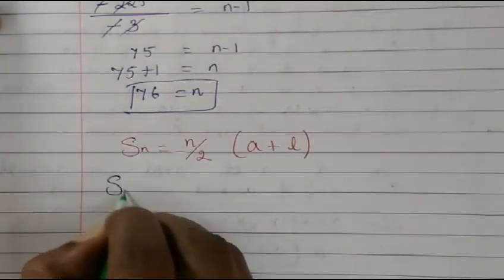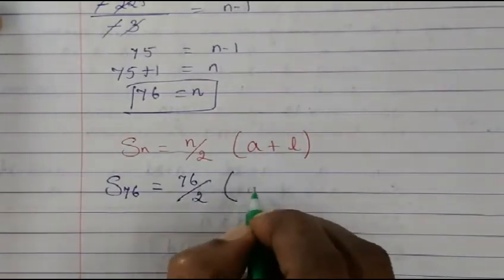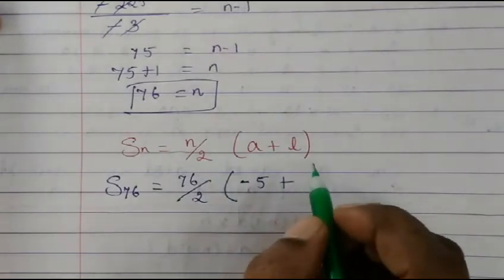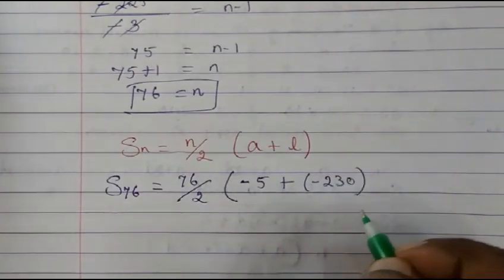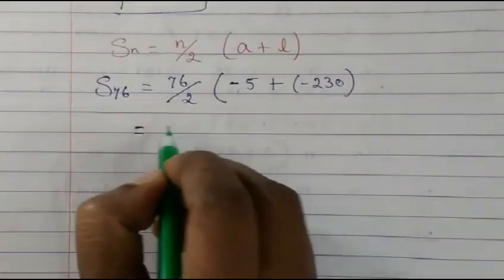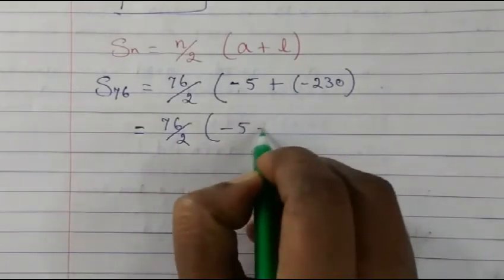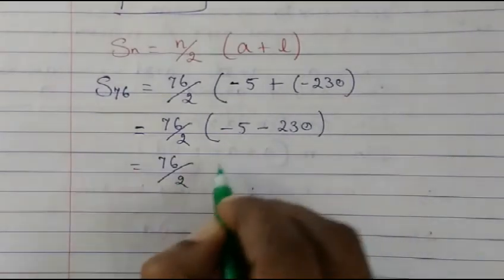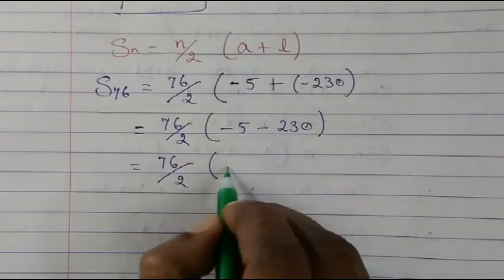So n we know, that is 76. 76 upon 2. First term is minus 5 plus last term minus 230. So 76 upon 2 times minus 5 plus minus 230. Now both are minus, so we have to add them, but the sign remains the same.